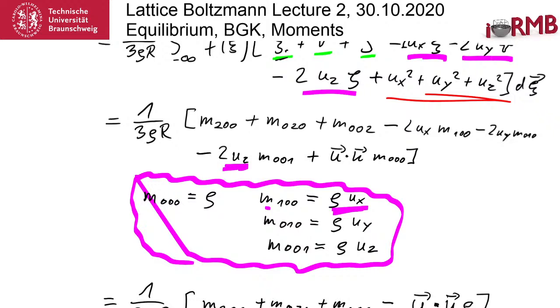I take a new pink box. We have this guy here, where you see that M100 is the moment defining the velocity, right? You hear me?